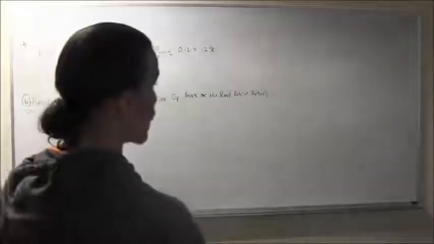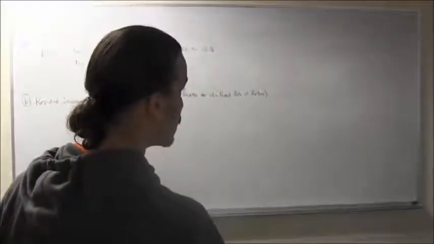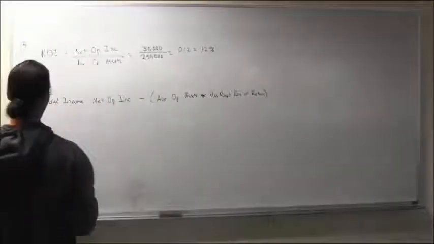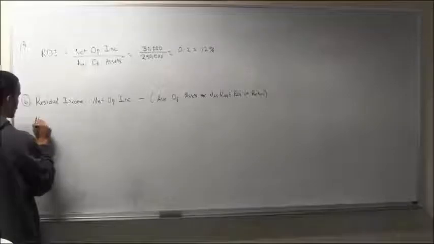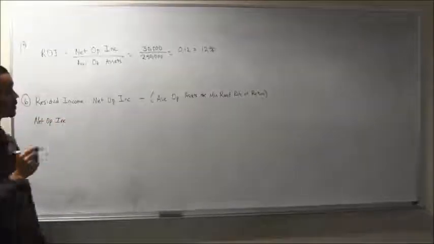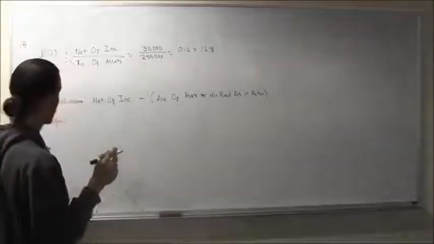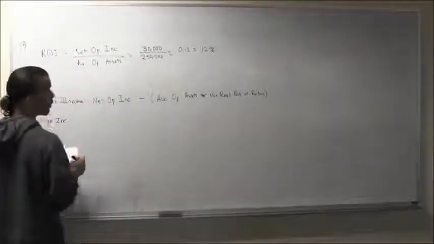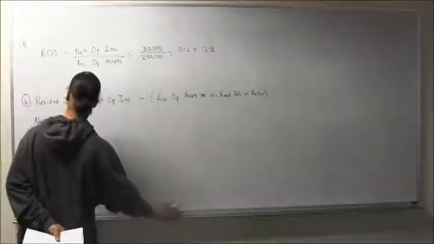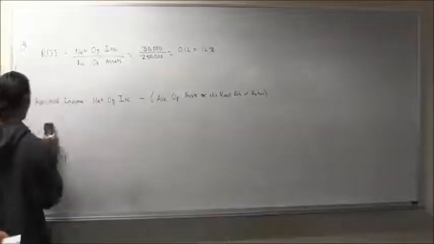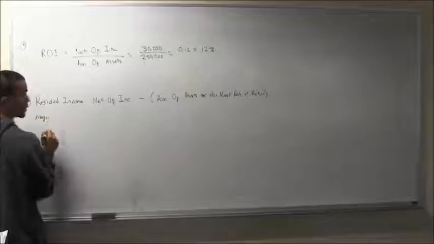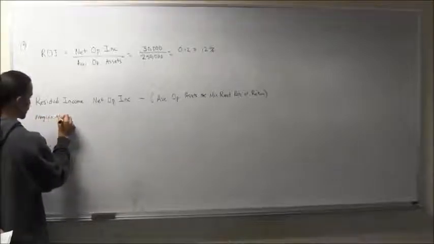Do they tell us our net operating income? It does not. So in order to calculate our net operating income, we have to say what? Sales times margin. Yep. So they've given us that margin equals net operating income over sales.